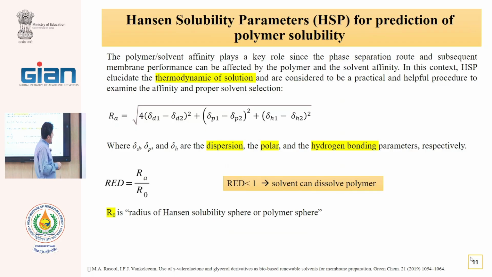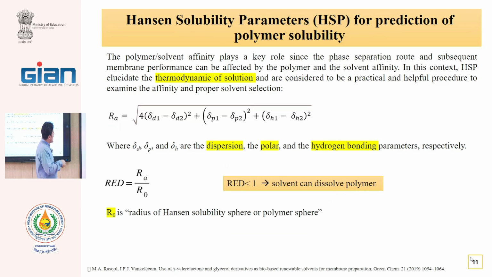And we have this R0, which is the solvation radius. R is radius. Solvation radius of a polymer. For example, for polysulfone or PVDF, we have this number.